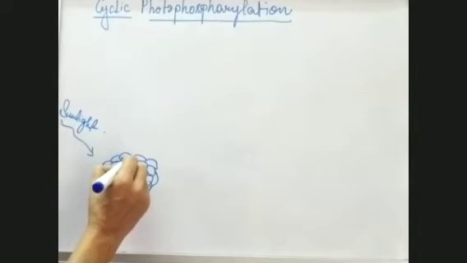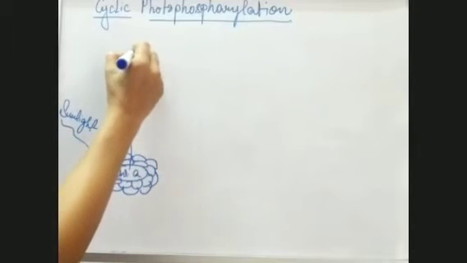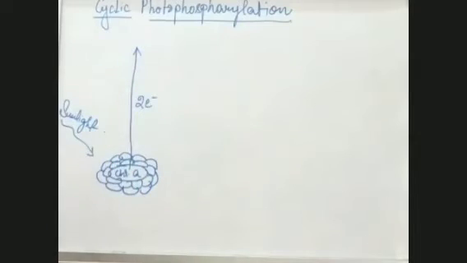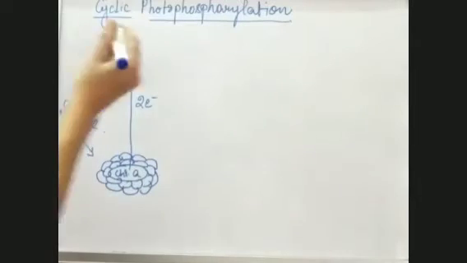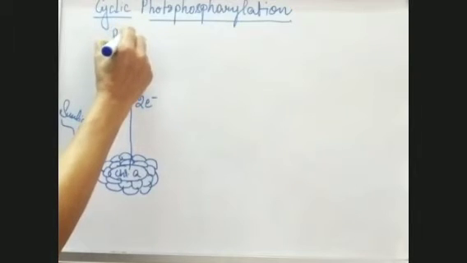Now, because of the sunlight received here, a pair of electrons gets excited. And this pair of electrons which gets excited is picked up by a primary electron acceptor.